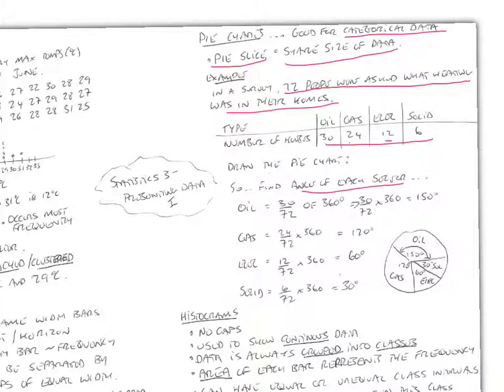The angle of the pie chart for oil is 30 over 72 times 360 degrees, which is 150, and we'd start here, mark an angle of 150, and that represents oil. Gas is 24 over 72 by 360, which is 120, so we carry on around there. Electricity is a further 60 degrees from here, and then that just leaves the remaining 30 for solid fuel.